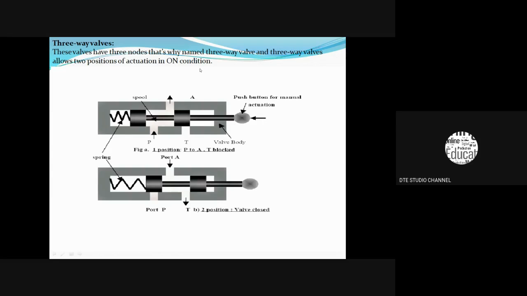It cannot be used for a double acting cylinder. In a single acting cylinder, the fluid is required only in the forward stroke, only for extension, and retraction is done by means of a return spring. In the second position, from port A to T, fluid returns back to the reservoir. Since T is connected to the reservoir, it flows back to the reservoir.